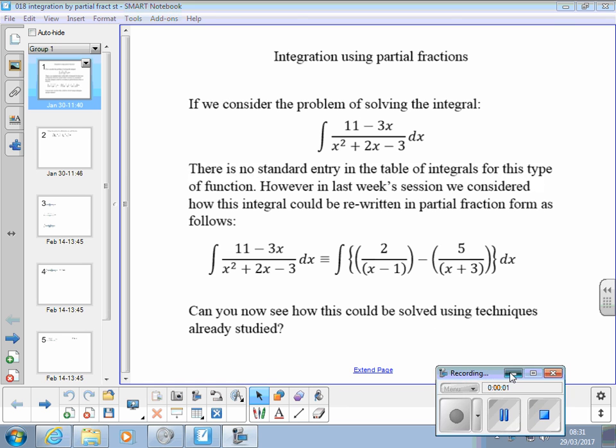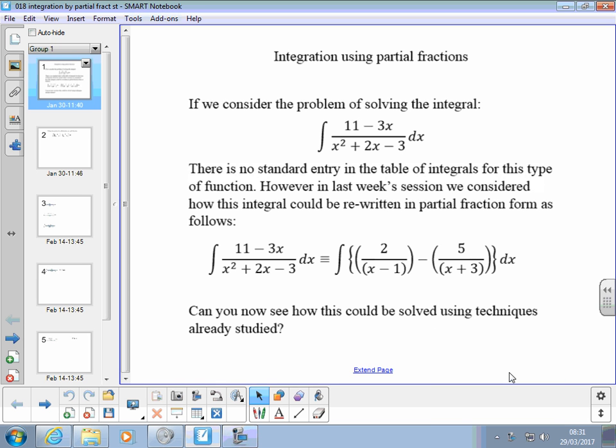Last week we did a little bit of revision on how to resolve particular functions into partial fractions, and the reason for that is that this week we're going to look at how we can integrate using partial fractions.